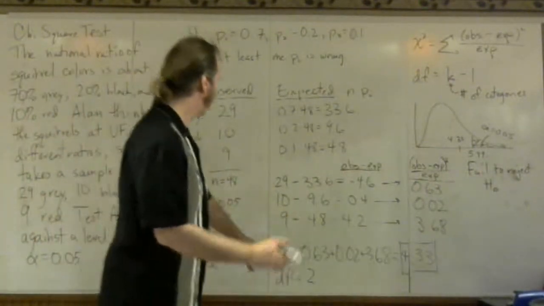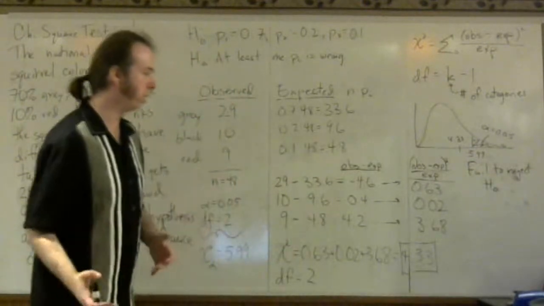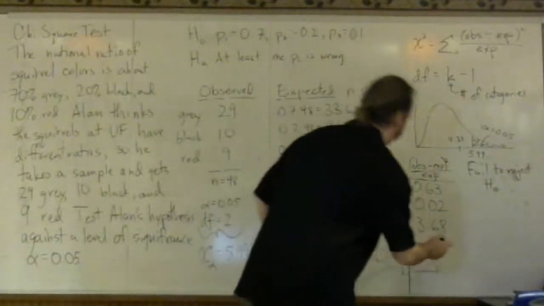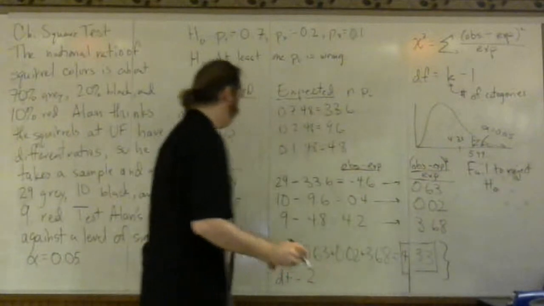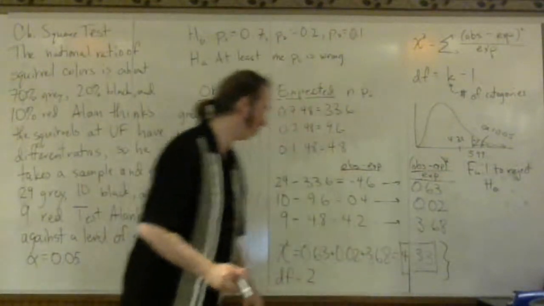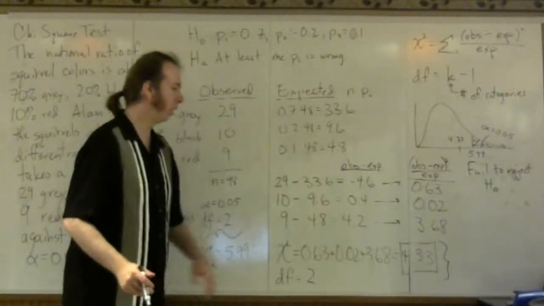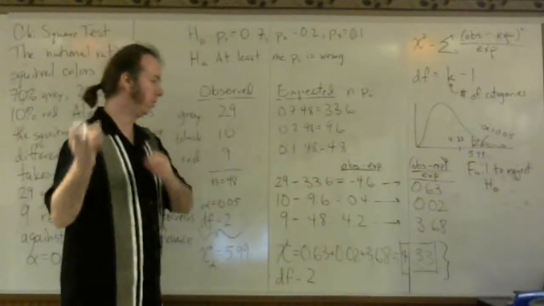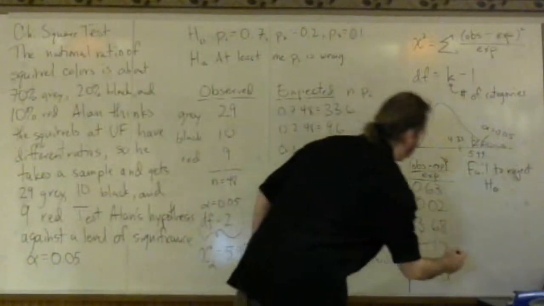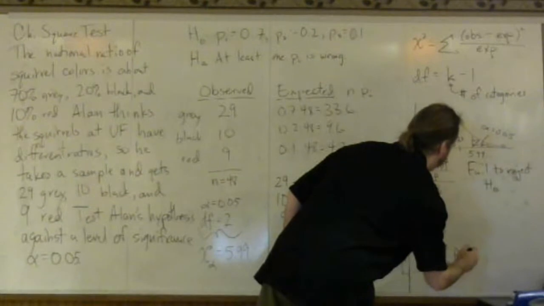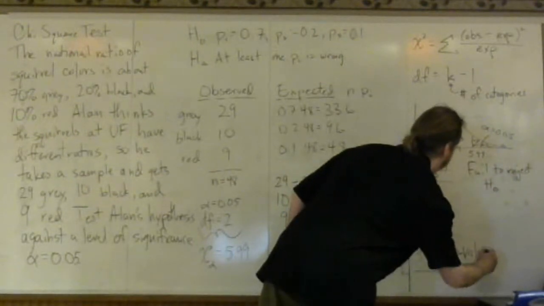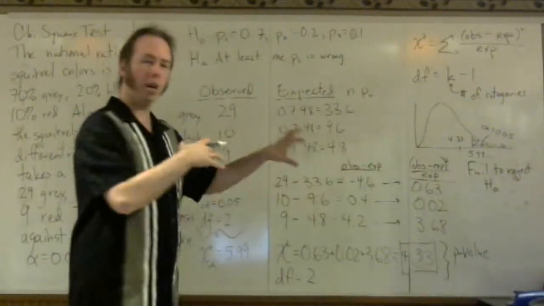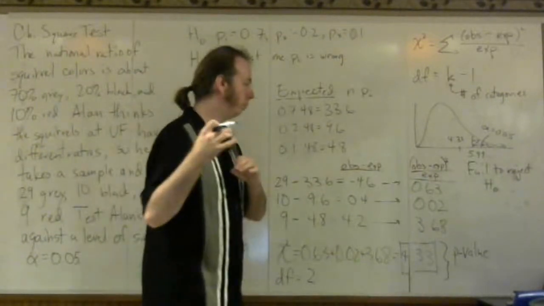I can also convert my chi-squared value into a probability. So if I take my chi-square of 4.33, my degrees of freedom at 2, I can convert this into a p-value. Again, I'm looking on that chart.